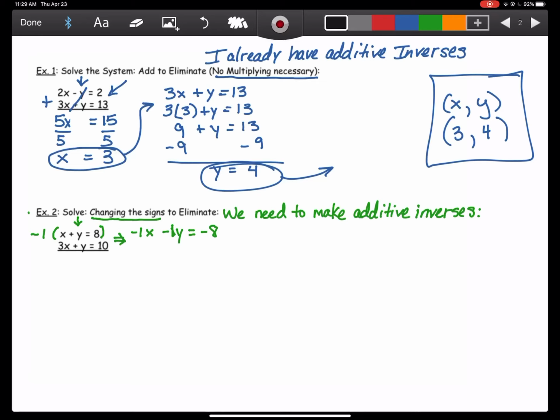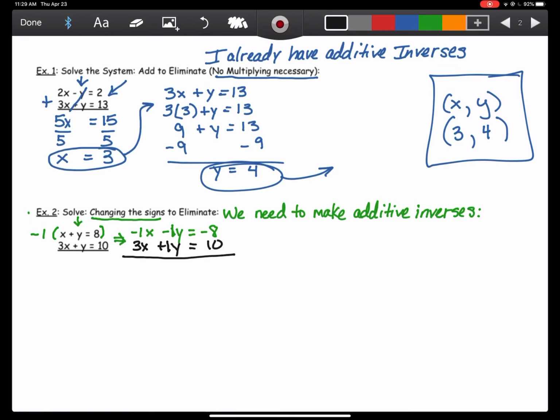So we have -3x down below, -3x plus y equals 10. I left the bottom equation black because it's not going to change. Now, ask yourself, do I have additive inverses? I do. The y's are additive inverses. I'm ready to total.